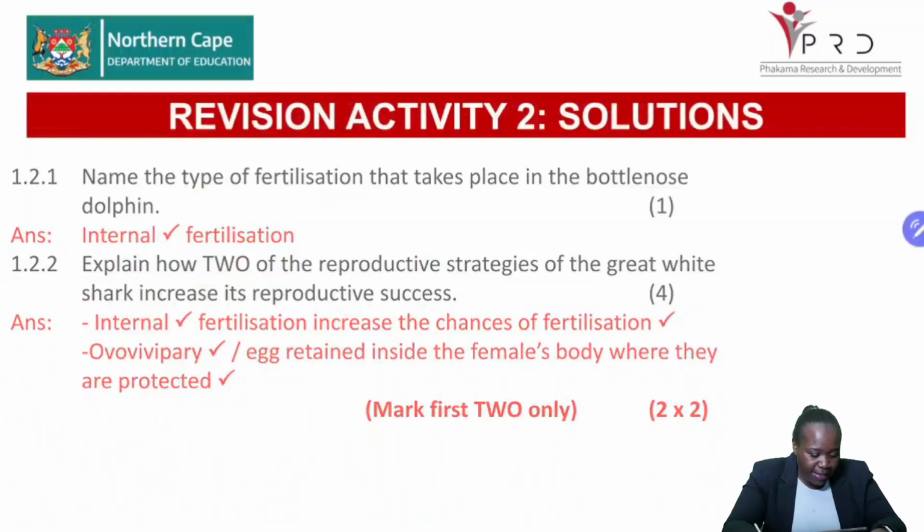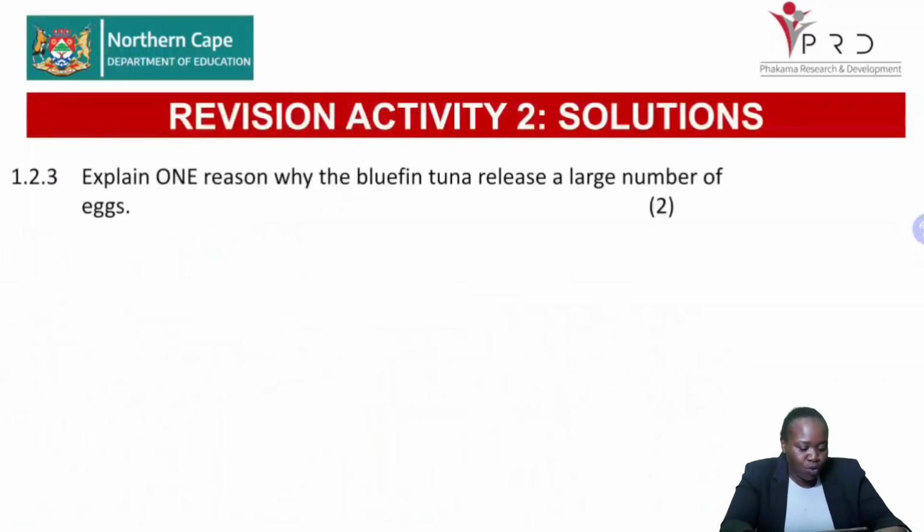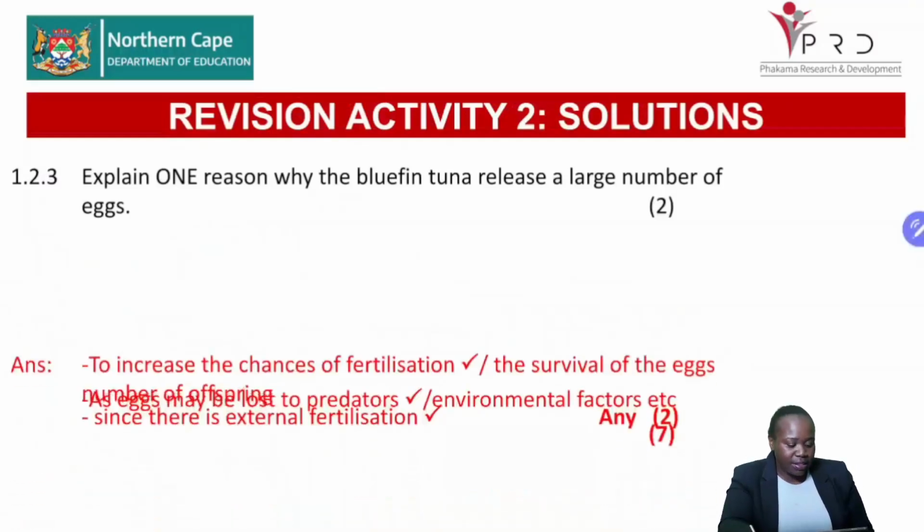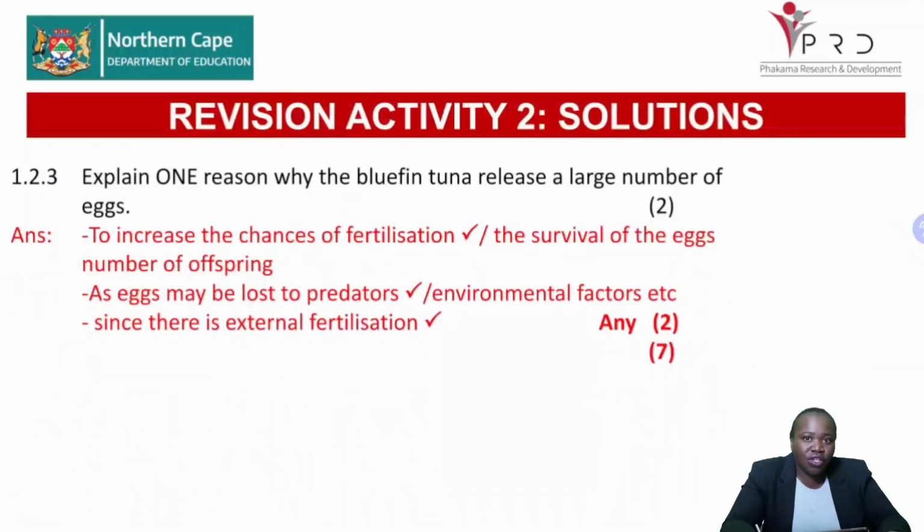All right. And then we have 1.2.3. Explain one reason why the bluefin tuna releases a large number of eggs. Now, we know that when a large number of eggs are released, it means that this is to increase the chances of fertilization, because should some eggs not be fertilized, at least some of the eggs will then be fertilized.